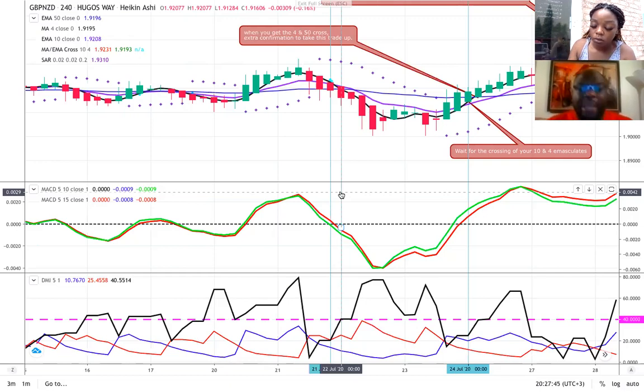Let me load my scanner. Where is my scanner? When you go load your chart layout. Yeah, I do that first. Give me a second.